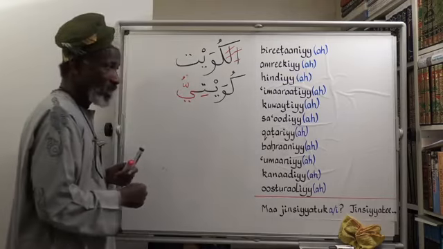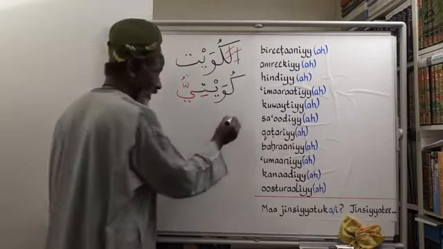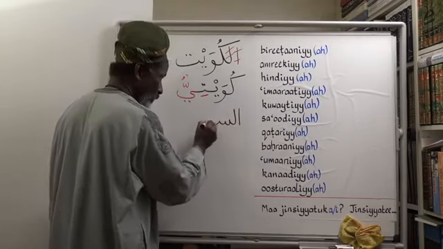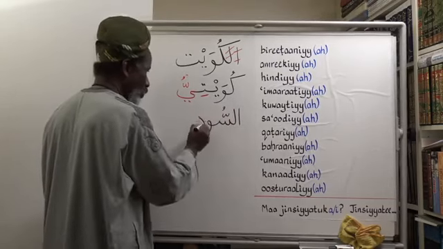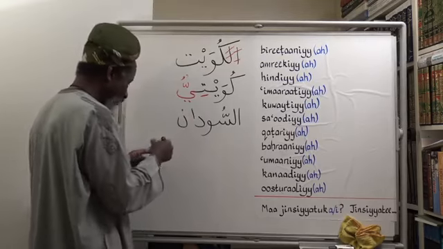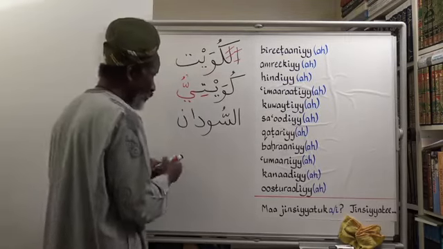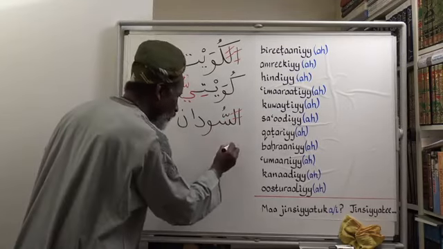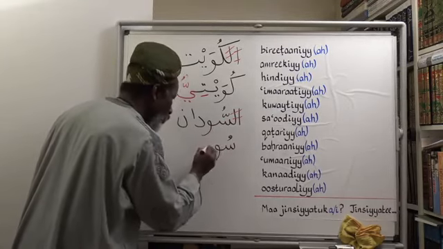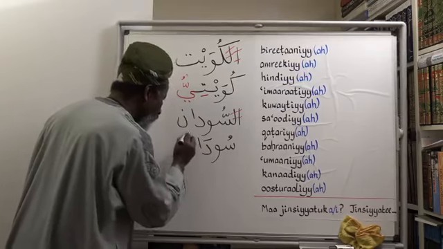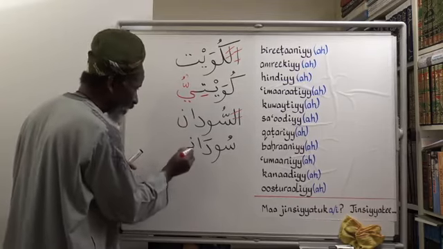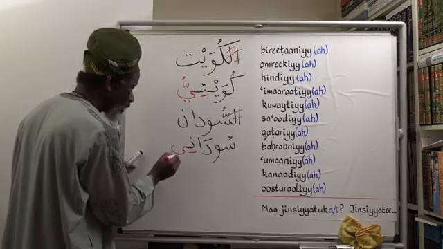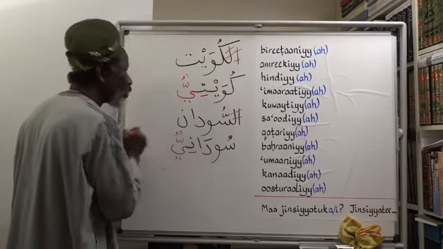Sudani. The original is As-Sudan. So the last letter is your nun. You remove the alif wa lam again, and you end up with Sudan. The last letter, you put kasra there and the ya with shadda.